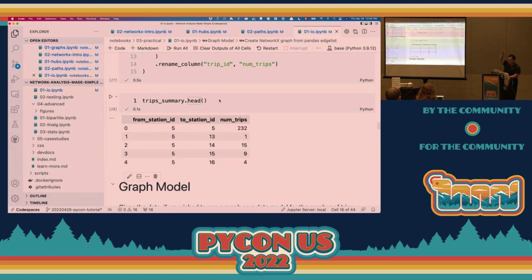It says from station ID to station ID, which is pretty much analogous to your edge, from node to node. And then in this case, we have metadata, which is number of trips, that is to say, how many trips occurred between these two stations within this time period. Any questions at this point?